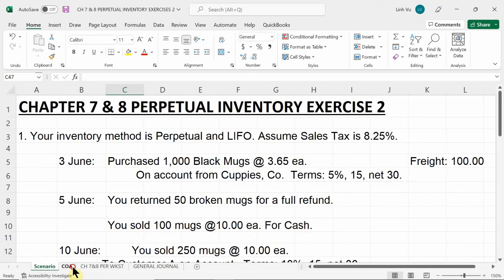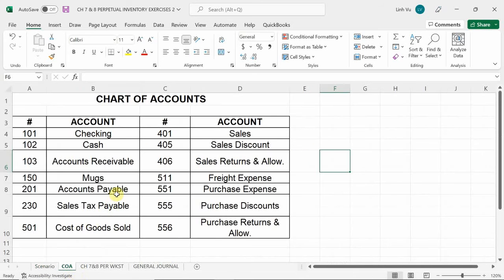Okay, so once again, this is perpetual inventory. So where do all things go when we purchase inventory? Straight into inventory. So right here, inventory is going to be mugs, 150, and then we place it on an account. So accounts payable, 201. Okay.